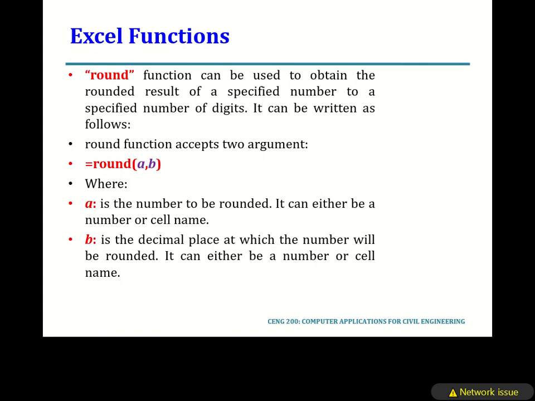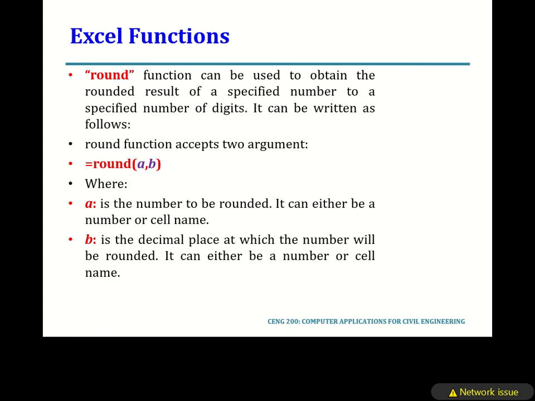Anyways, round will take two inputs: the number you want to round off, and B, to how many decimal places you want to round it off.